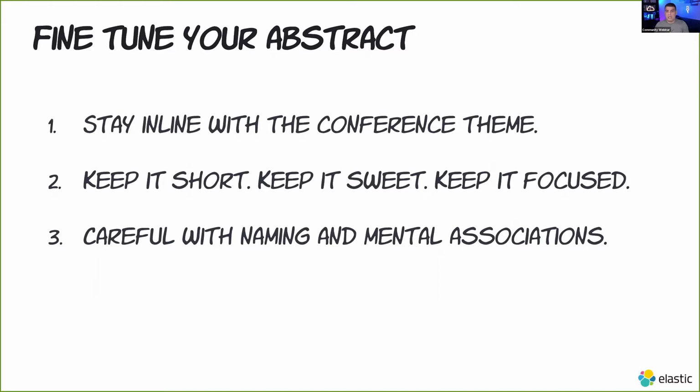For example, if the conference is about DevOps, do not try to deviate from the DevOps subject. At least your talk has to be about DevOps or something minimally directly related to DevOps. So that's what we mean about staying in line with the conference. Also, if the conference says that there are no tracks, which is the case of the Elastic Community Conference, where we're not going to use tracks, do not base your talk on a given track, like, oh, I'm going to talk about serverless or microservices or Java development.